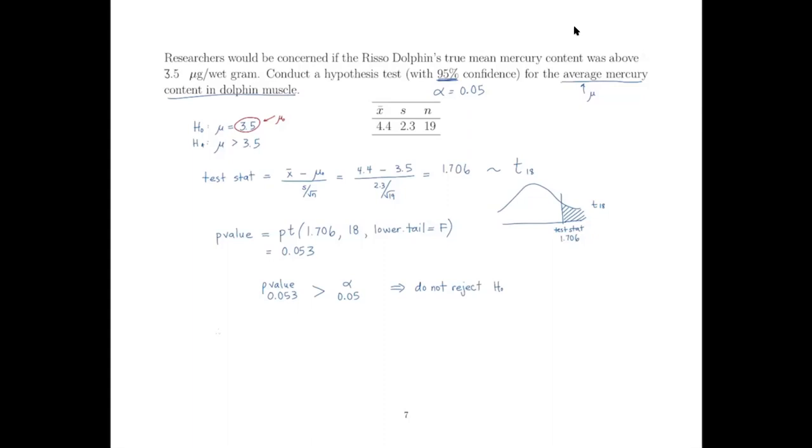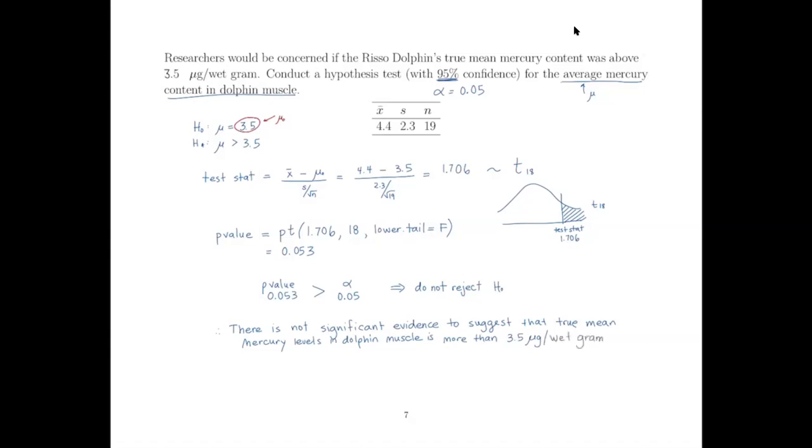If I wanted to write a concluding sentence, I could say that there is not significant evidence to suggest that the true mean mercury level in the dolphin muscle is more than 3.5 micrograms per, what was the units? Wet gram.